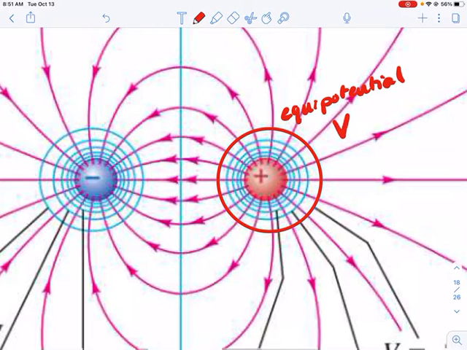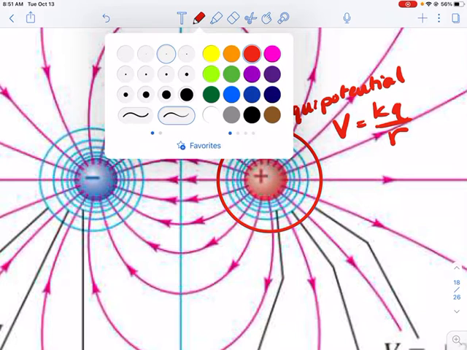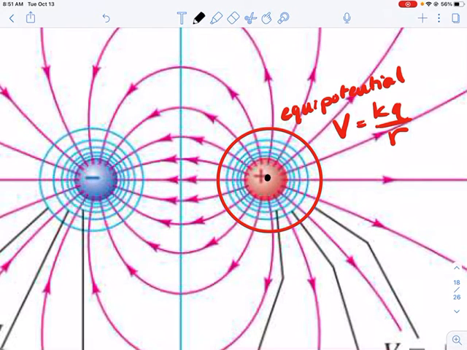Remember that potential is V for voltage, and it's KQ over R. The reason that this is an equipotential is because R is the same. The radius of that circle is the same, and so that circle has the same voltage all the way around.